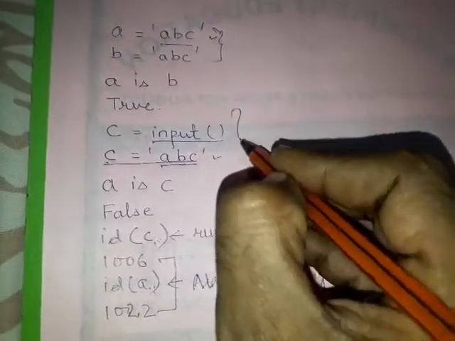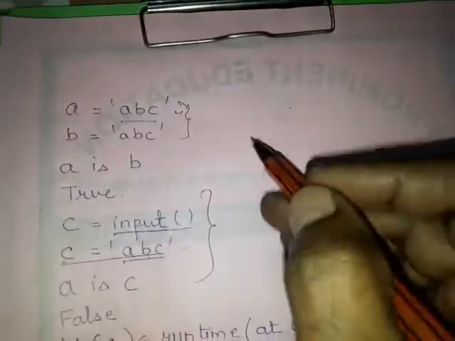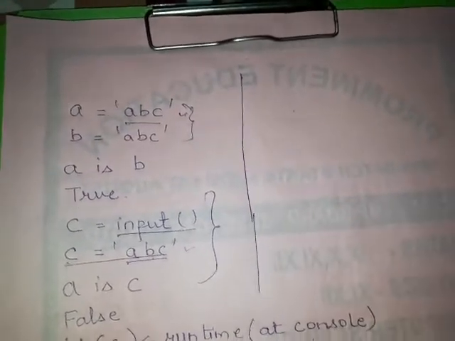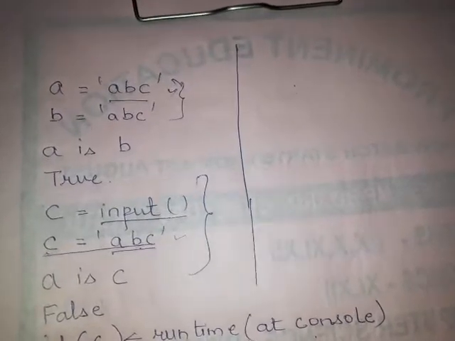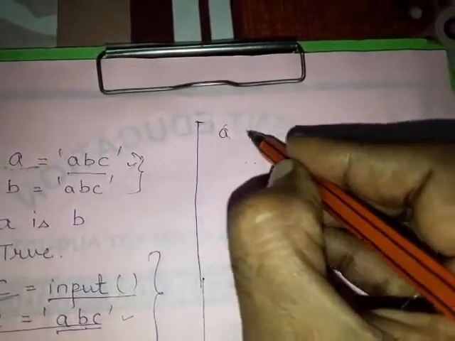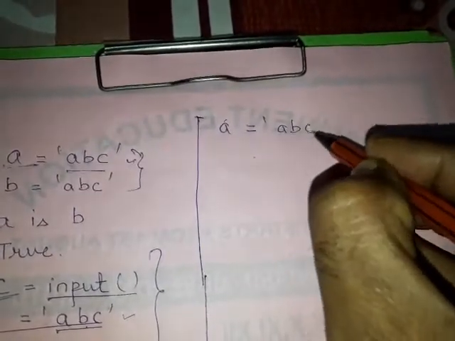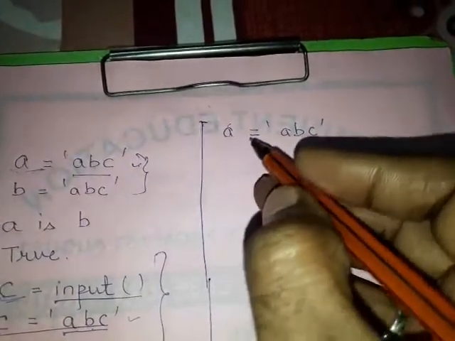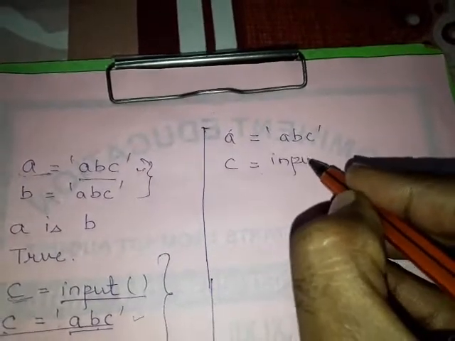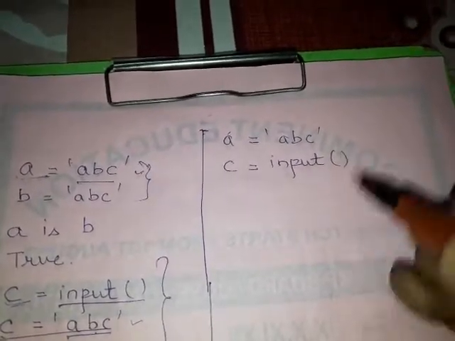Now how you can use it. First of all, to compare the value of A and the value of C, how you can use it. In the script mode, first of all you have to write A equals ABC. Now you have to write C equals input, bracket open bracket close.